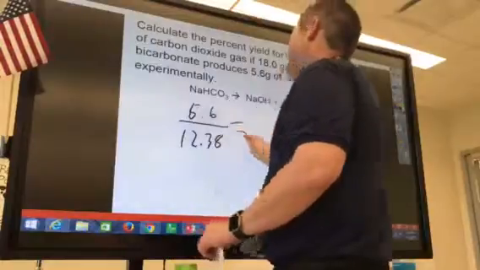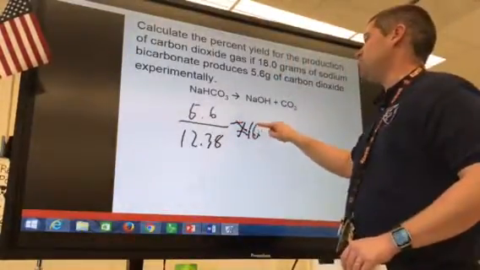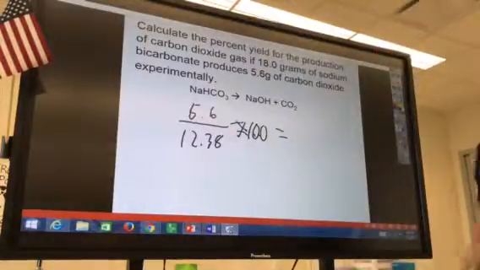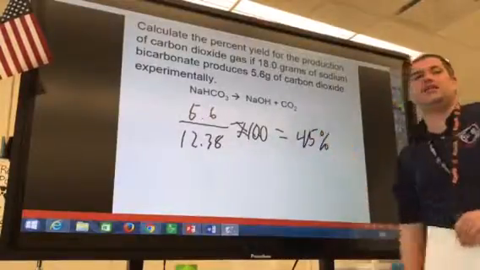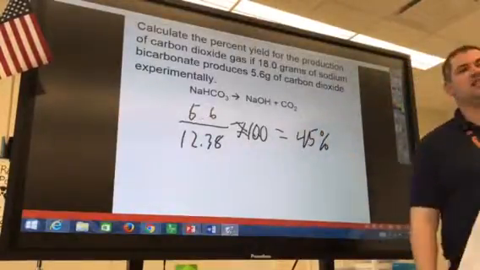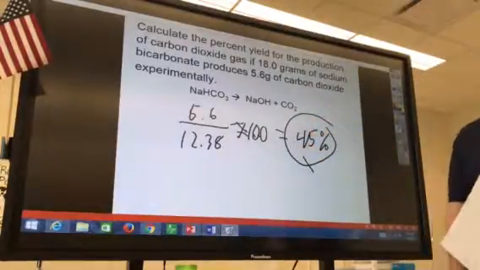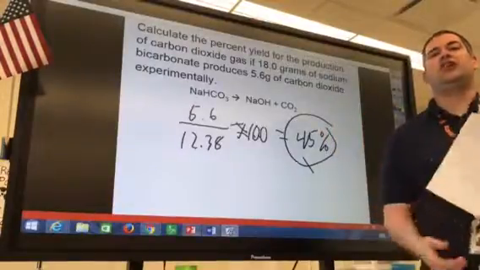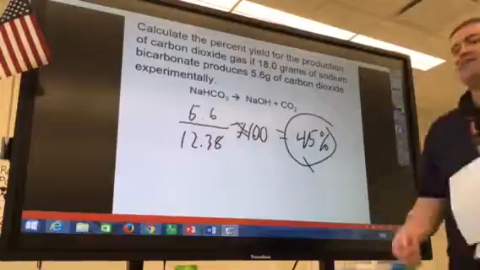So 5.6 divided by 12.38 times 100 equals 45%. The reason CO2 gas release has such a low percent yield is, think about it, the gas being released, it's hard to gather the gas. So that's why it is how it is.